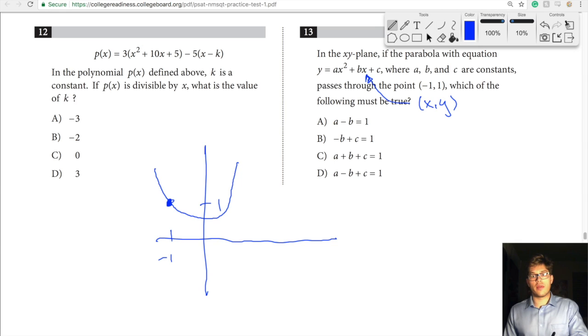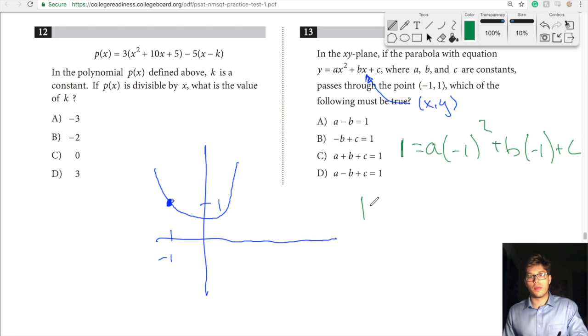So what does that give us? Here, I'll switch. I like this dark green color. Let's see. All right, so we have y. Well, what is y? y is 1. 1 equals a times -1 squared plus b times -1 plus c.